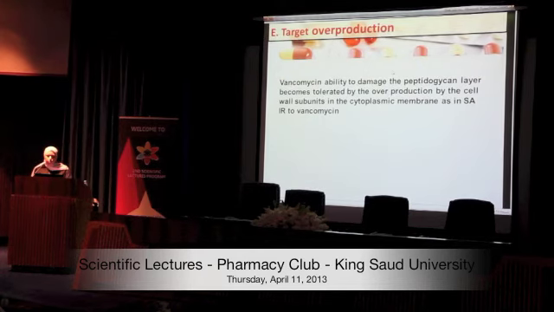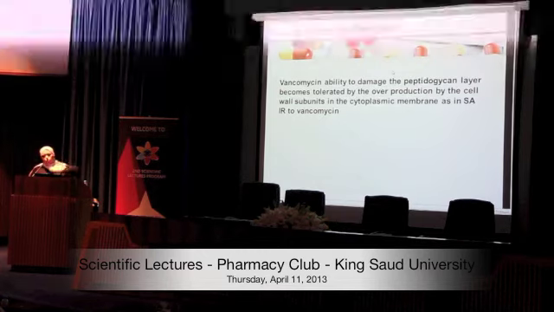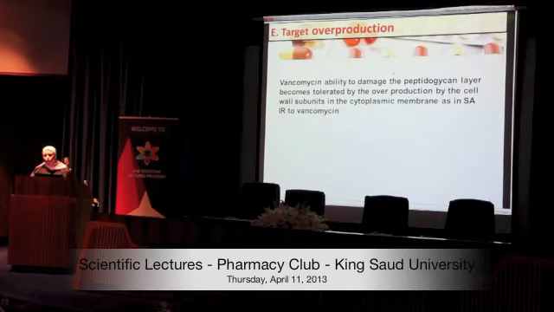Target overproduction. Target overproduction happens with vancomycin. Vancomycin works on the peptidoglycan layer in the cell wall of the gram-positive bacteria. So what happens if it breaks it down and I build it faster than it breaks? So I'm overproducing the cell wall as it is broken.